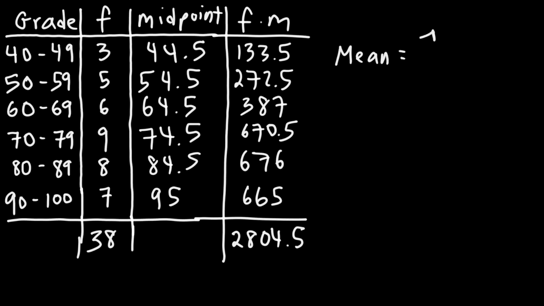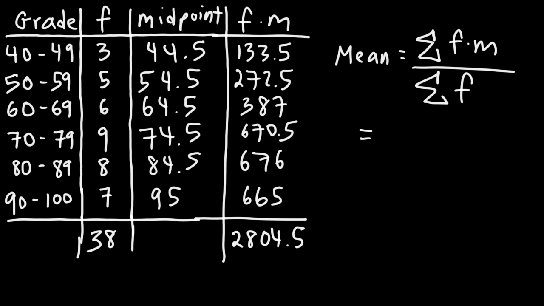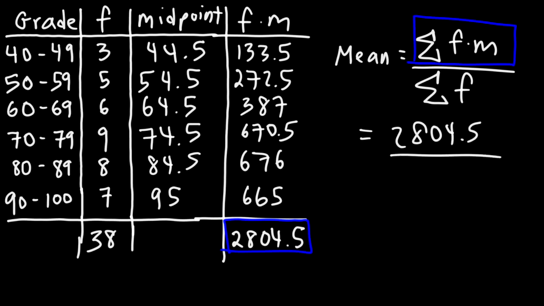The mean is going to be the sum of the FM values divided by the sum of the frequency values. So this right here correlates to this number. So that's 2,804.5, and then divided by the sum of the frequency values, which we have here, and that's 38.